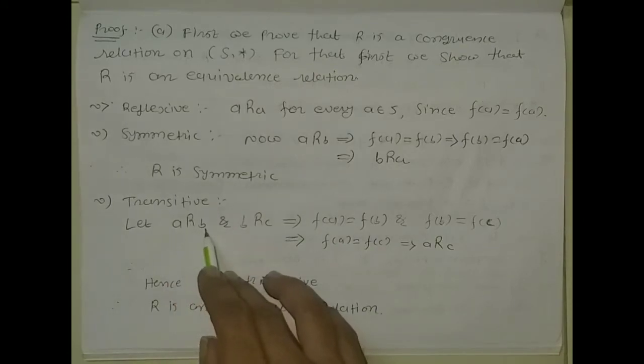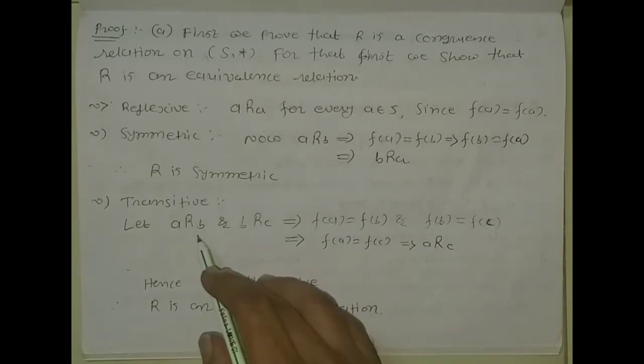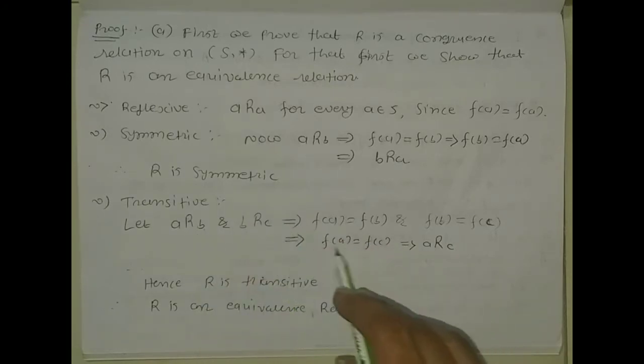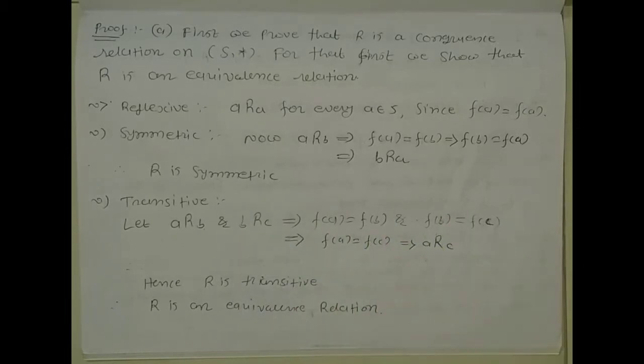Consider A is related to B and B is related to C. This implies f of A is equal to f of B and f of B is equal to f of C, so f of A is equal to f of C. This is simple, so A is related to C. So R is transitive. R is reflexive, symmetric and transitive, so R is an equivalence relation.